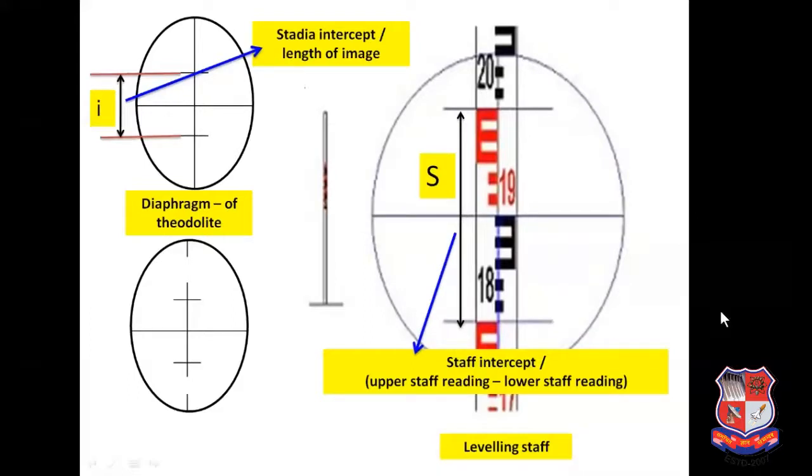And second is the staff intercept. Staff intercept means, in the right hand side figure, upper staff reading minus lower staff reading in the leveling staff looking through the telescope. That will give the staff intercept. This is for your information only.